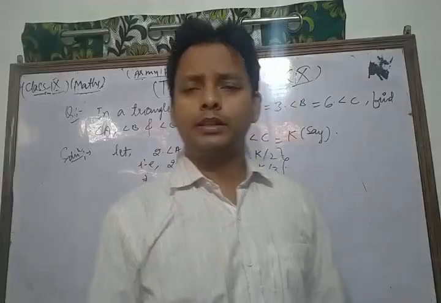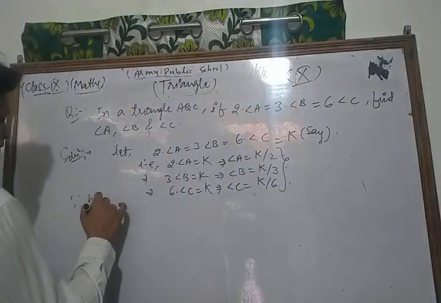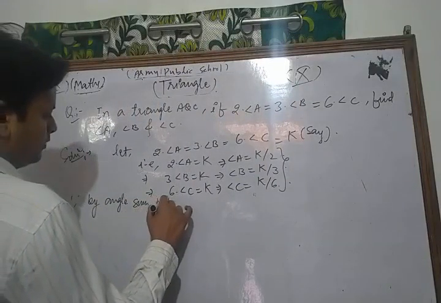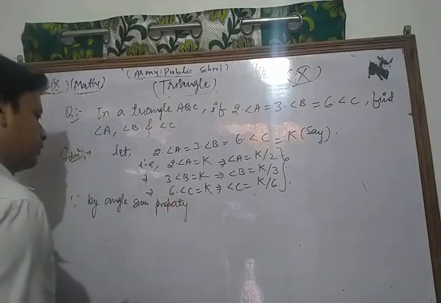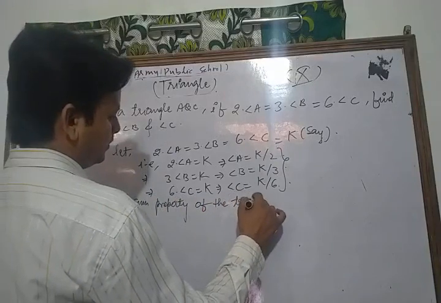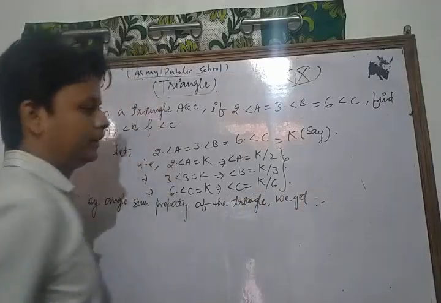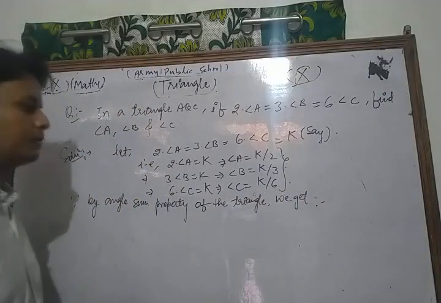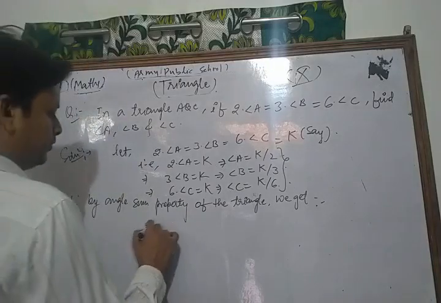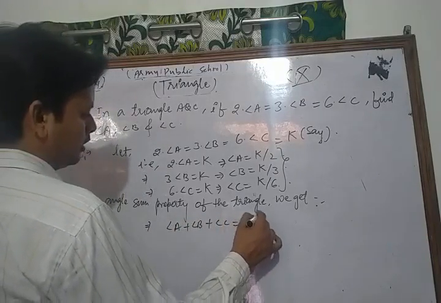Thus, by the angle sum property of the triangle we get: angle A plus angle B plus angle C is equal to 180 degree.